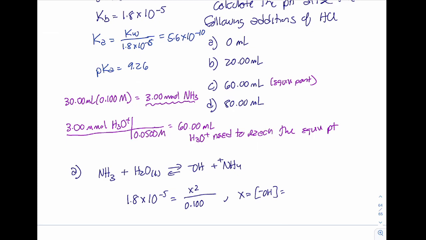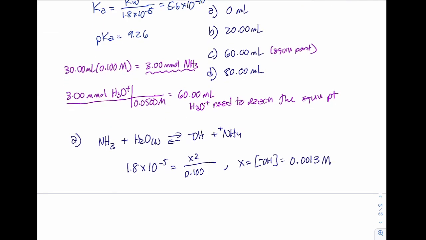I'm just double checking my math here. I'm solving for x. And I got that x is 0.0013 molar. And then remember, x is representing hydroxide ions. So I'm going to calculate my pOH and then subtract it from 14.